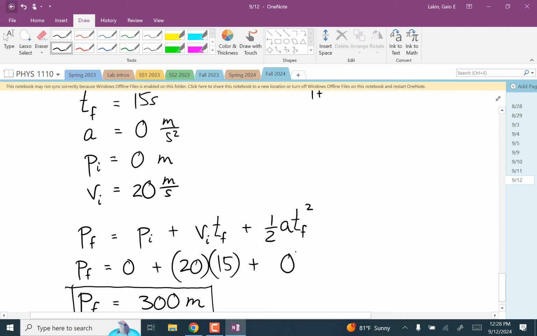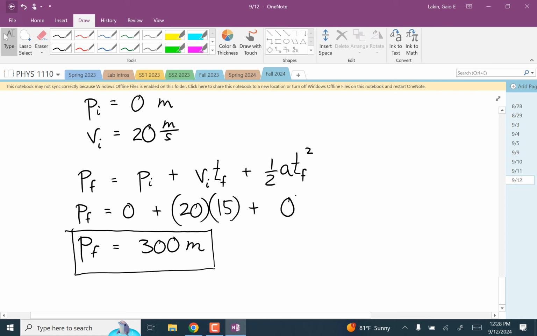We canceled out the acceleration term and it reduced to distance equals rate times time. But be careful with using that form. I think in this class, it's always a better idea to go through the steps of the constant acceleration equations. If it works, it'll come out, like in this case. If it doesn't work, it's because you have an acceleration term there.